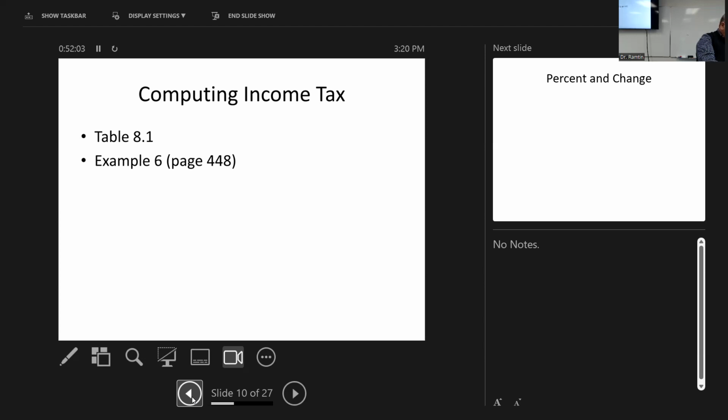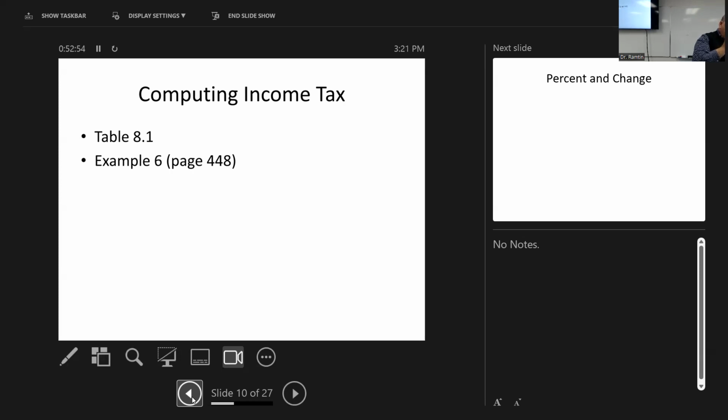It says up to $8,025, she has to pay 10% taxes, multiplied by 0.10. Plus, she has more taxable income, from 8,026 up to 32,550, where you pay 15%.